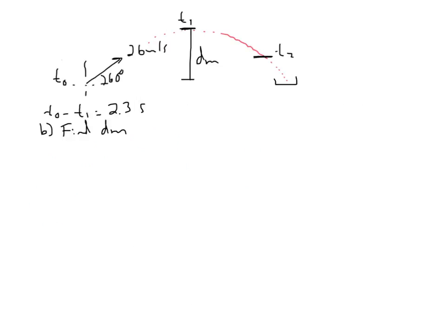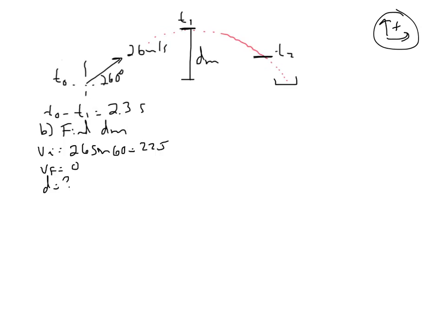B says find dm, find the maximum height. Well, in this case, again, let's list our variables, and we're going to again assign both those to be positive. Okay, so we're going to say VI equals, again, 26 sine 60, which is 22.5. VF is equal to 0. Distance is the question, and acceleration is negative 9.8.